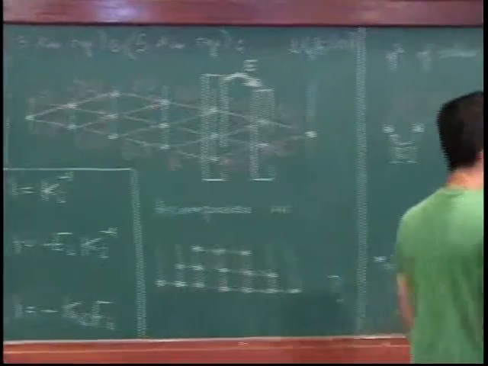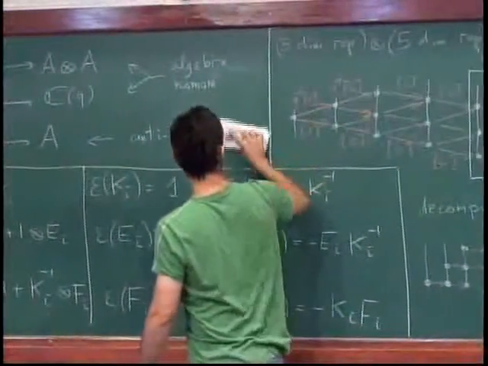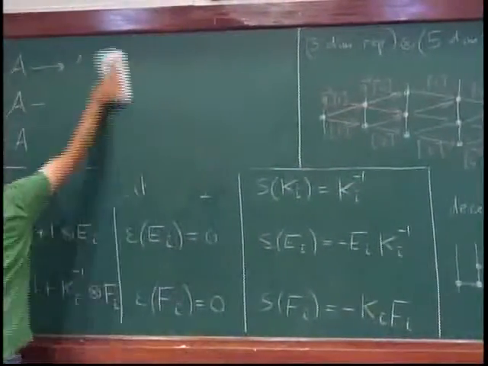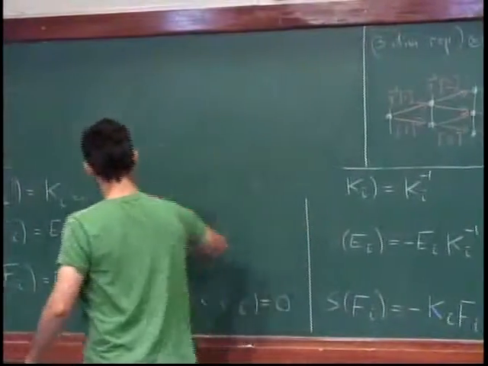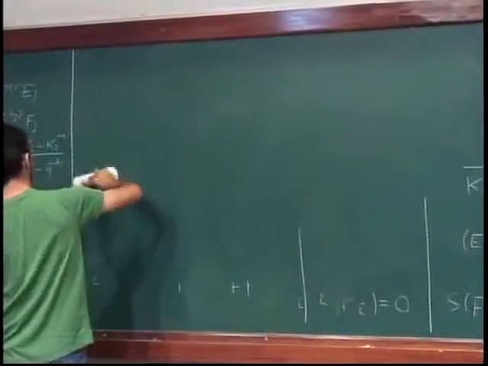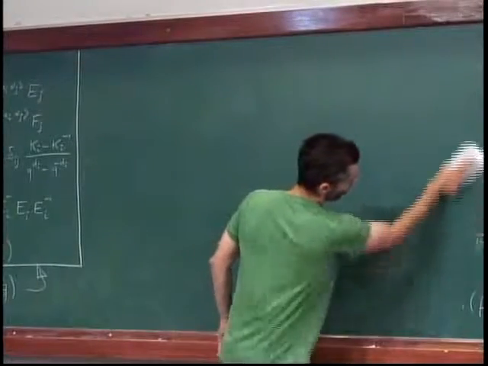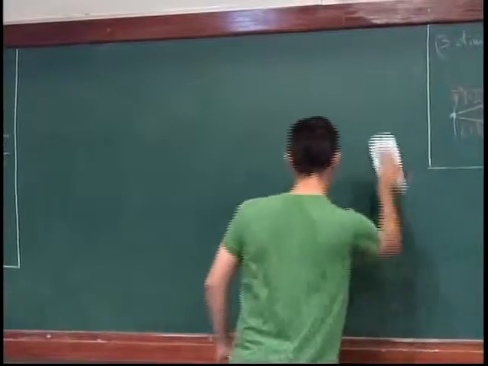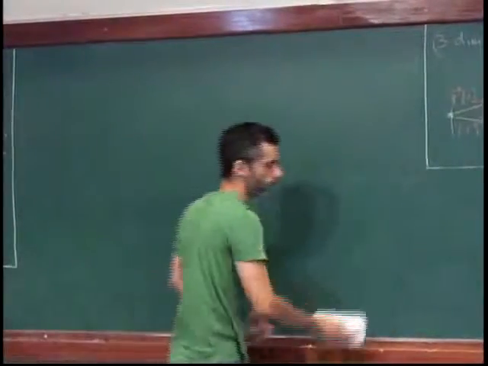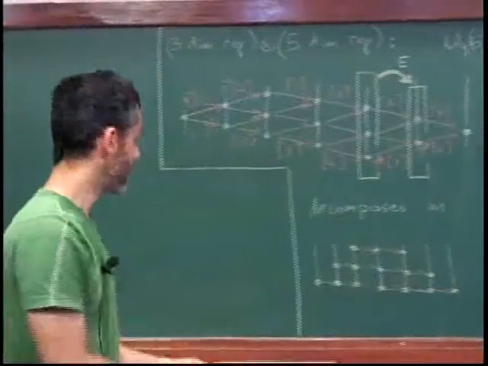Let me tell you what can happen in an SL3 example. So an example of type A2. And I won't really tell you why that happens, but I'll just give you a feeling of what happens.